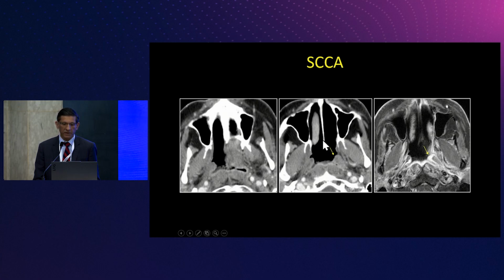Now, as I mentioned before, what's above the soft palate? We have the nasopharynx. So draw a line down the middle, compare one side to the other. If you look at the right side, this is the torus tubarius. This is the opening of the eustachian tube, and this is the famous fossa of Rosenmüller. If you look from the right side to the left side, you see where the yellow arrow is pointing? That looks thickened, right? Anytime that I start seeing a thickened torus tubarius, what I'm worried about is superior spread of tumor from the soft palate.